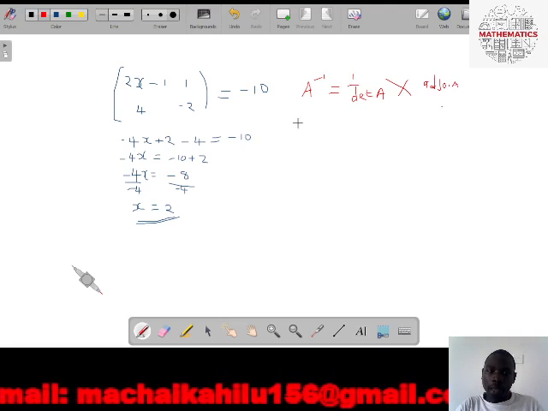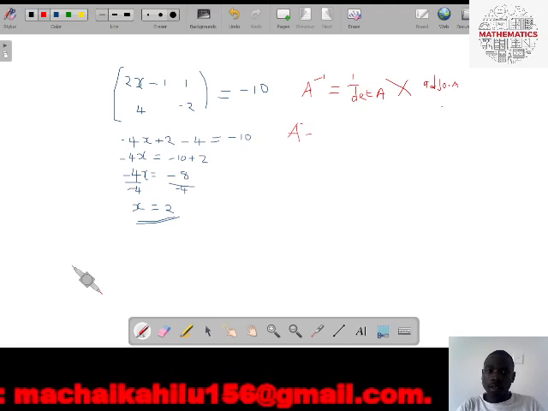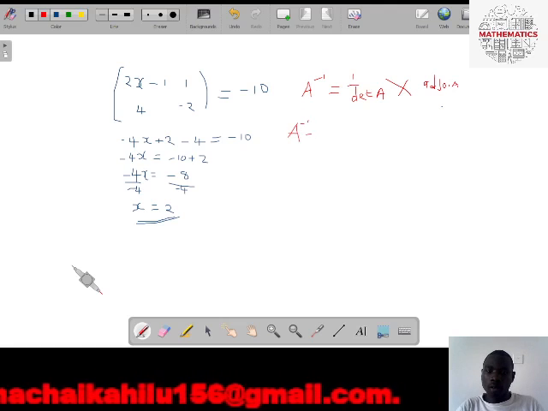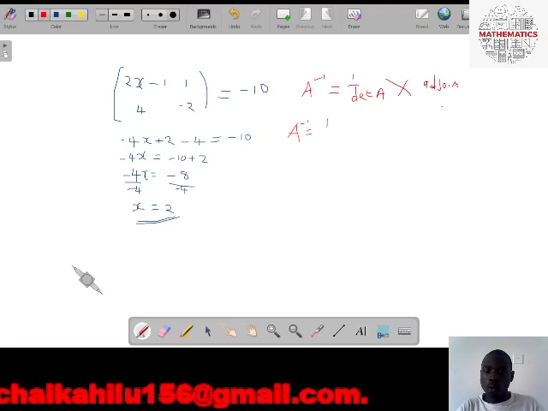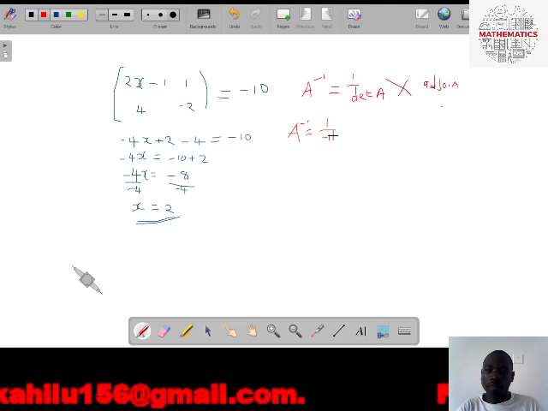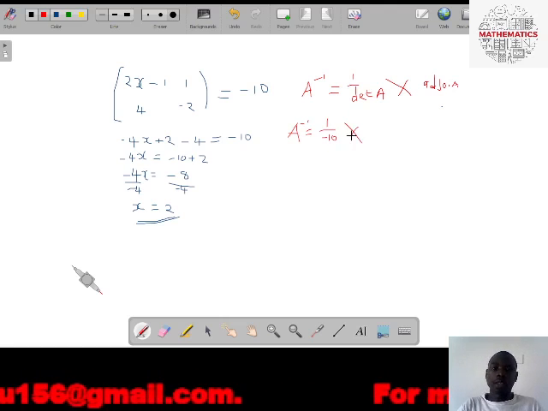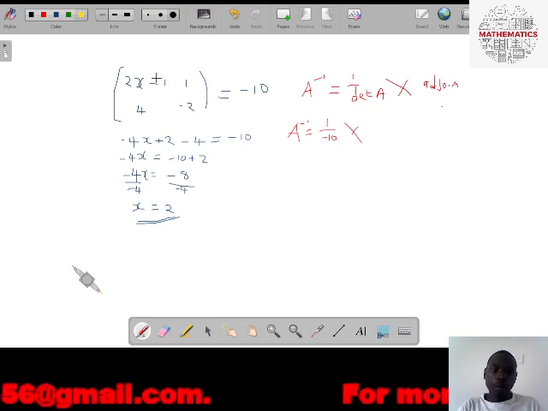So we say A inverse is equal to 1 over, what is our determinant? We've been given negative 10. Okay, and then times the adjoint. Now the adjoint, you are going to swap.